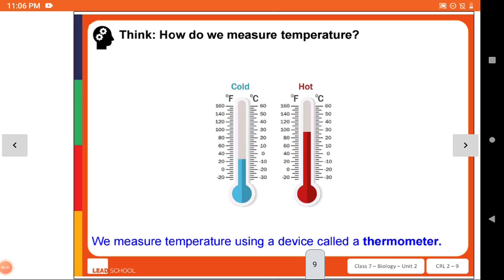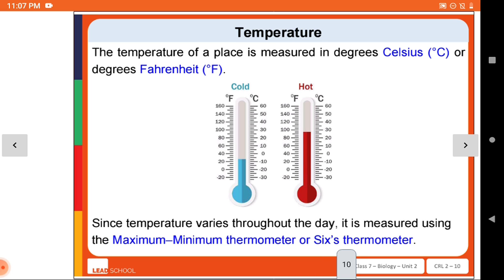We measure temperature using the thermometer. There are two types of units: one is degree Celsius and the other is Fahrenheit. Since temperature varies throughout a day, it is measured using the maximum and minimum thermometer, or Six's thermometer.